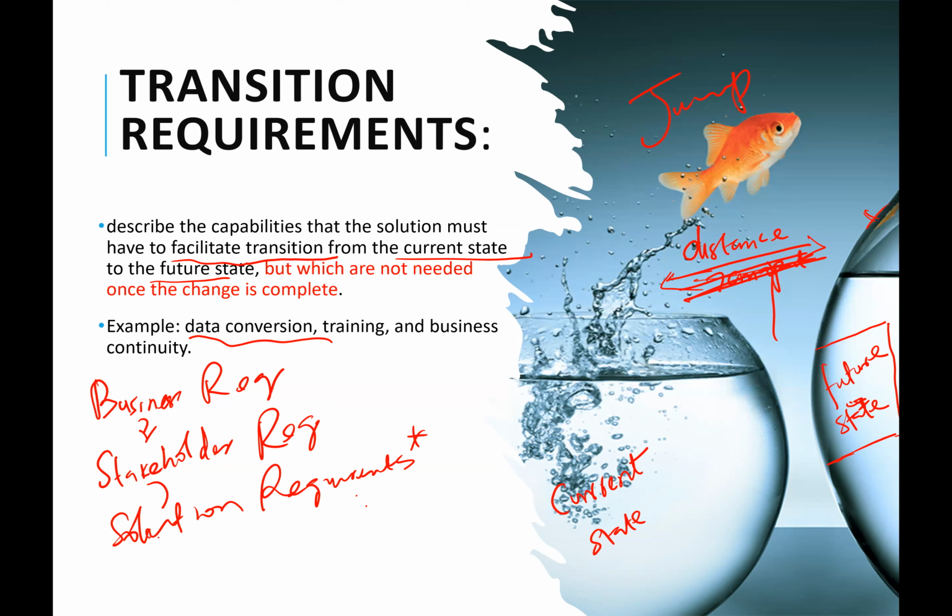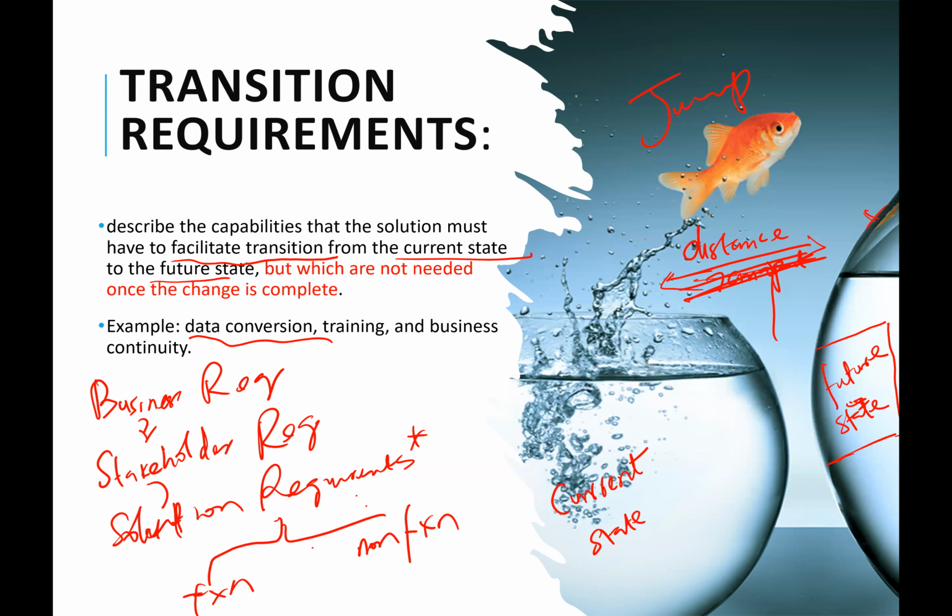Now, there are two types of solution requirements: functional and non-functional requirements. Functional requirements tell you what a feature or solution should do. Non-functional requirements tell you how that feature or solution should do it. These two go hand in hand because they are both part of the solution requirement. You can't do half and leave the other half, or you don't have a solution requirement.